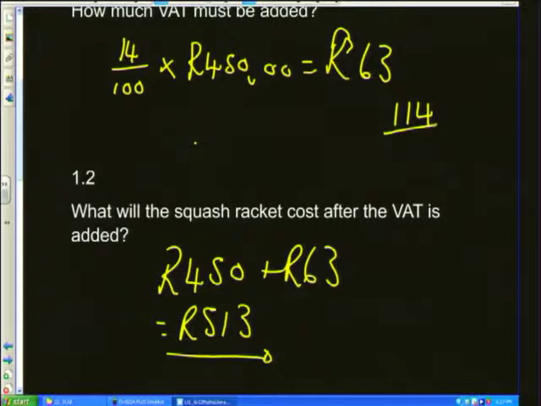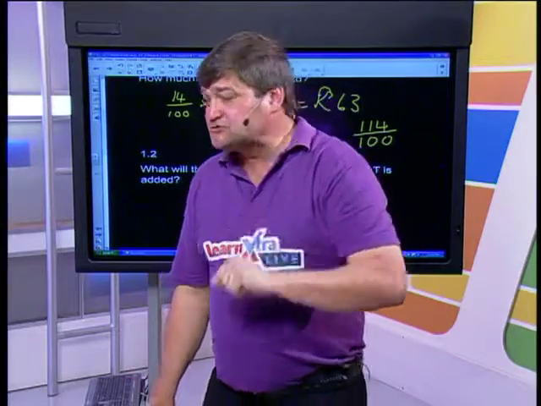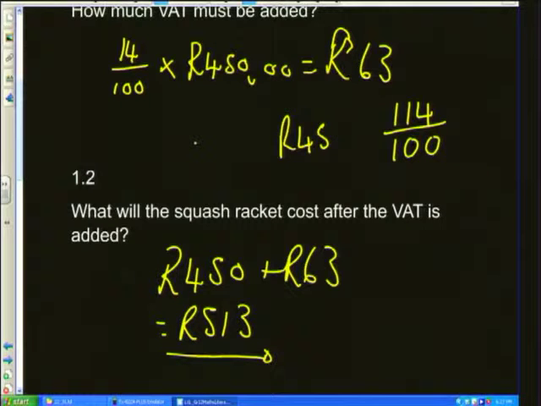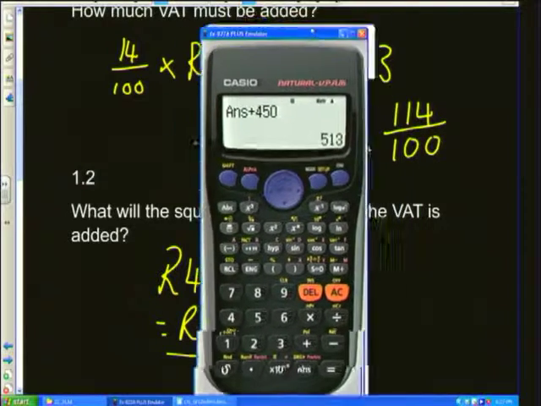I'm going to show you this number, 114 over 100. If I take the amount that the squash racket cost, which was 450 Rand, and multiply it by 114 over 100, I want to show you what happens. Let's move this calculator.